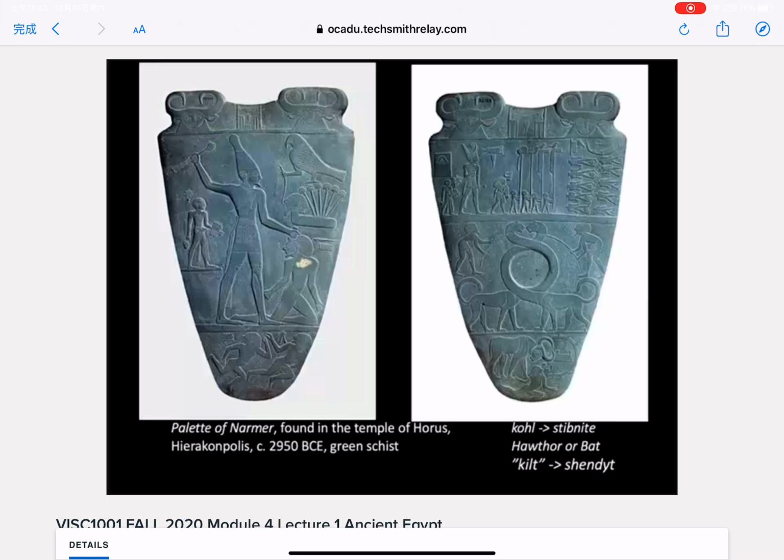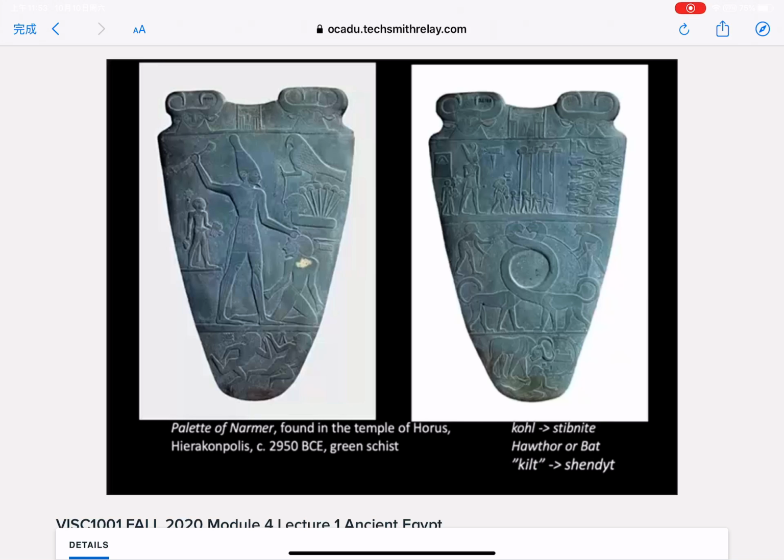There's very little written text at all before this date. So the iconography, or the imagery on this palette, coincides with the development of a written tradition beginning around the same time, 2950 BCE.